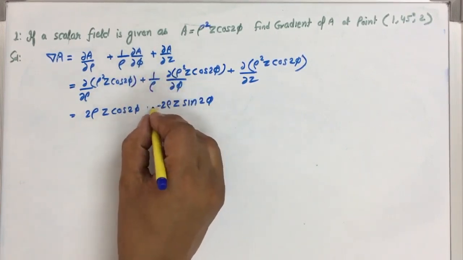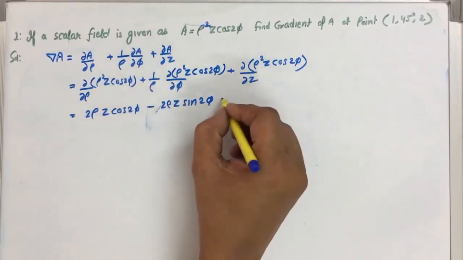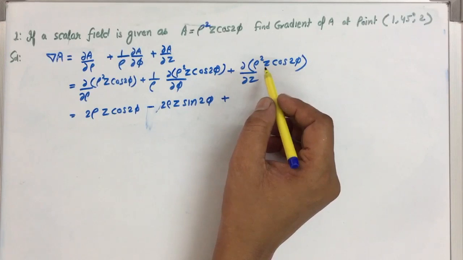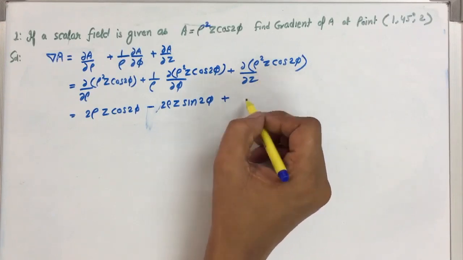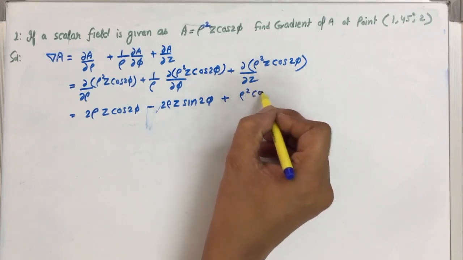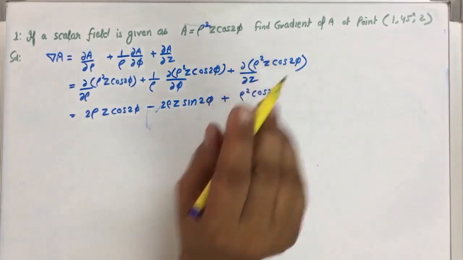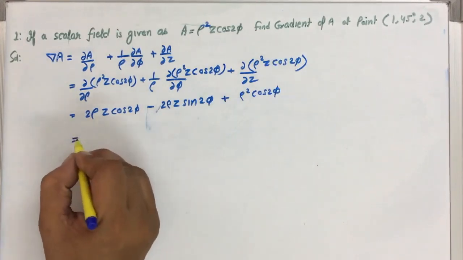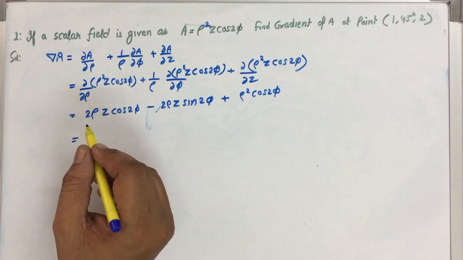Here there is z, so it will give you rho square cos 2 phi. Hope it is fine.